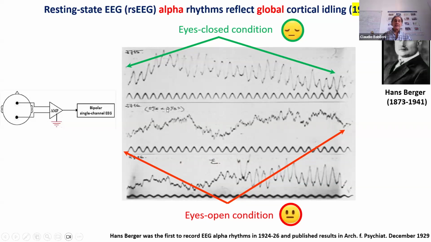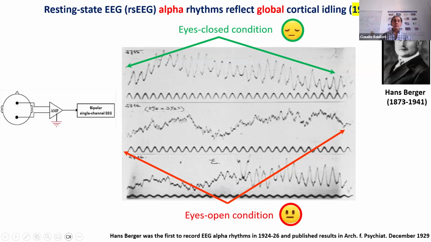You see in this photograph of the oscilloscope of Hans Berger a phase of EEG activity related to the eyes closed condition, resting state, in green.